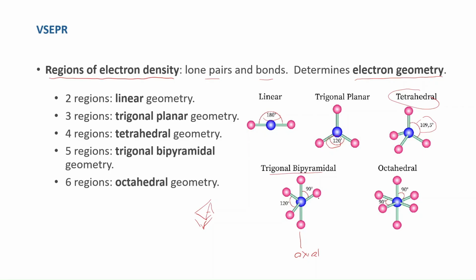The other 3 are located in a plane perpendicular to that, so they're like the equator, and they're called equatorial. This is important when we move to molecular geometry. Since this plane is perpendicular, the angle between an axial and equatorial is always going to be 90 degrees. Since in the equatorial plane there are 3, the angle is always going to be 120 degrees. Again, the less you memorize, the easier.